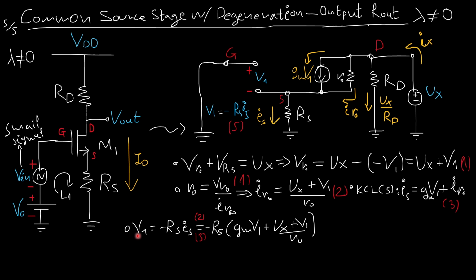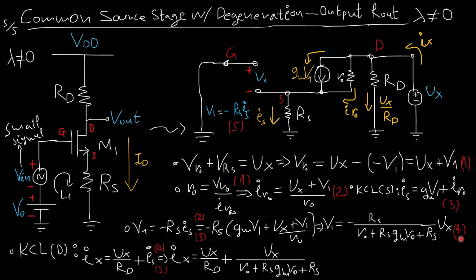I notice now that I have V1, V1, and Vx, and I solve with respect to V1, and now I can safely eliminate it. In these configurations, when we do the small signal model, it's imperative for us to eliminate this V1 or VGS, however you want to call it.